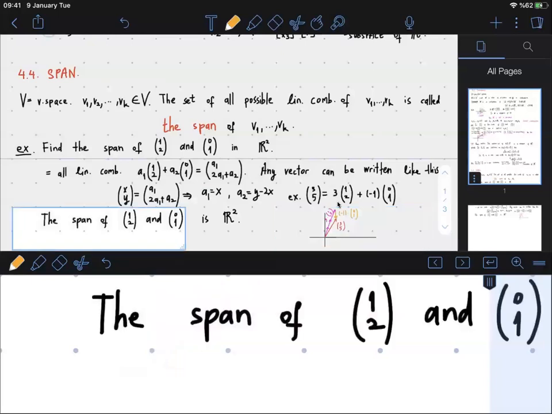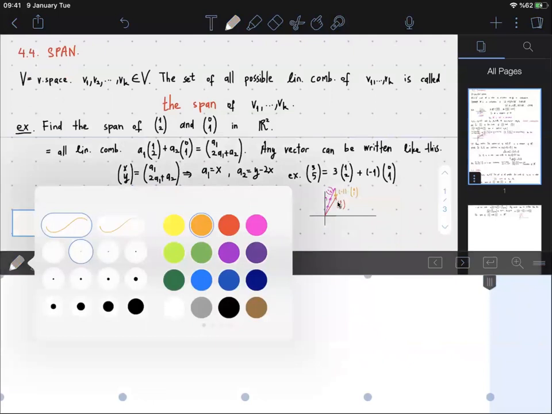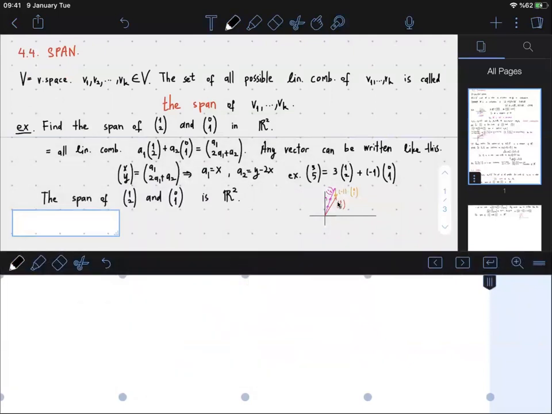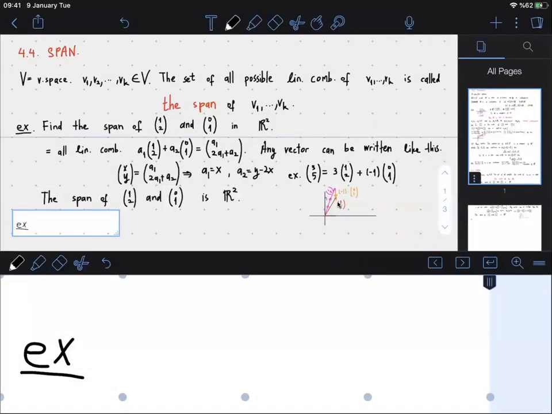Now let's go back to the other example. We're still in R2. Let's look at this case.